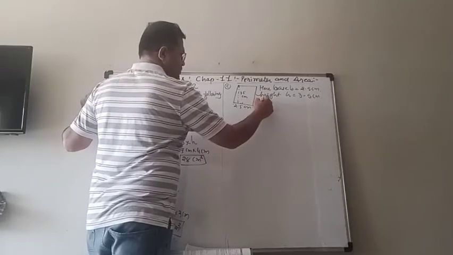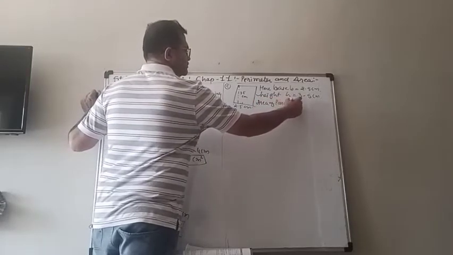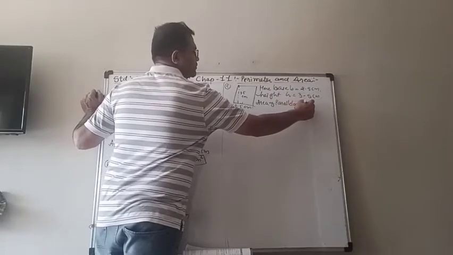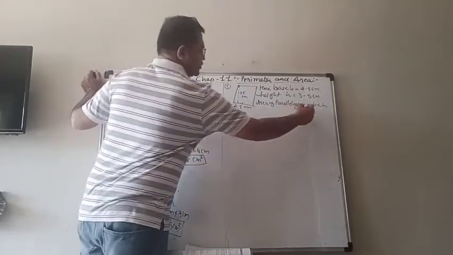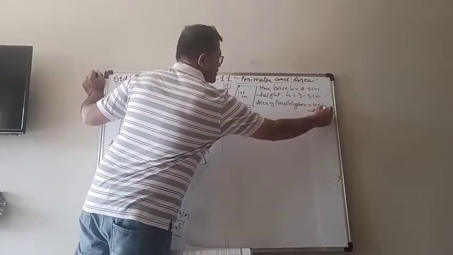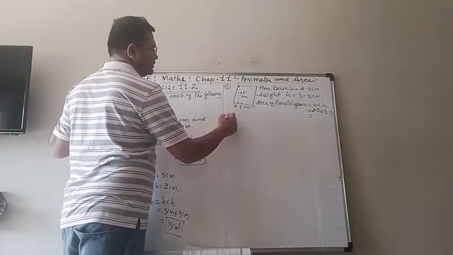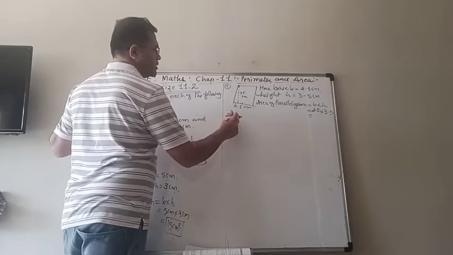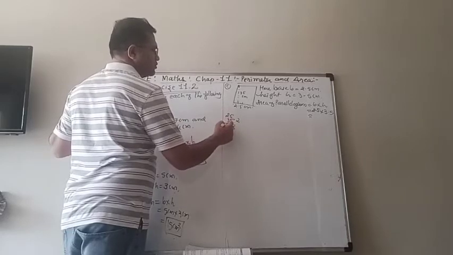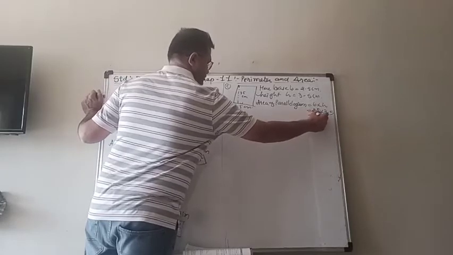So area of parallelogram is B into H, that is 2.5 multiplied by 3.5. So 25 multiplied by 35. 8.75 centimeter square.